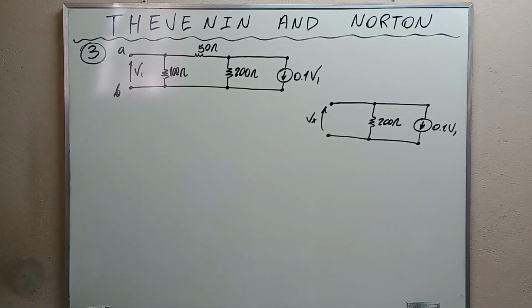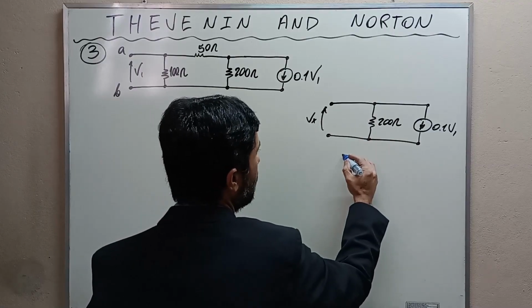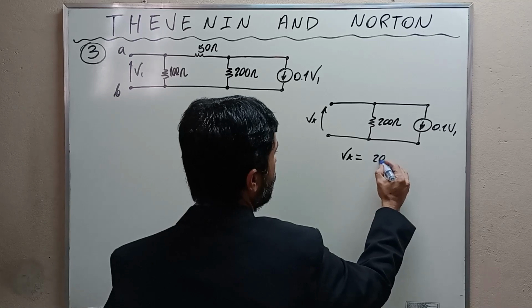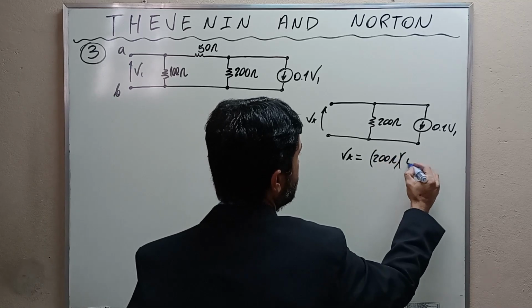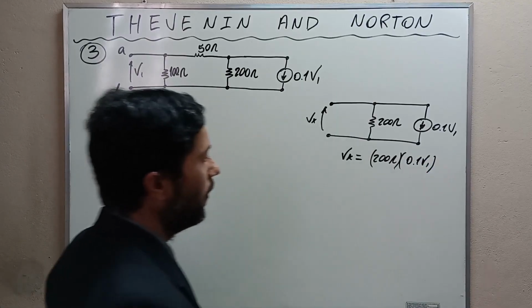And how can we calculate Vx? Vx is simply the multiplication here. Vx is equal to 200 ohms times 0.1 V1, okay?